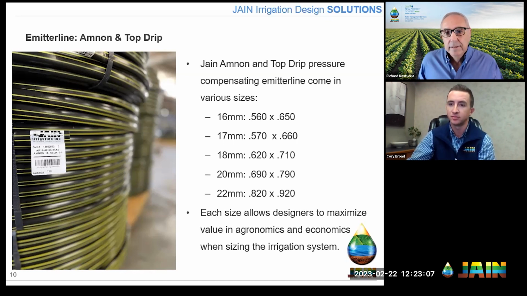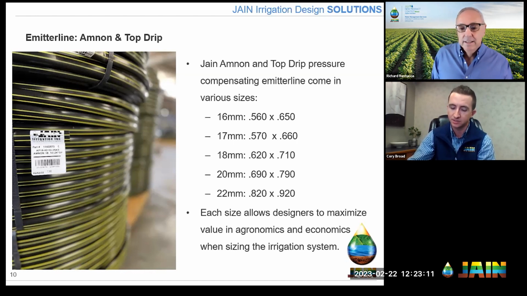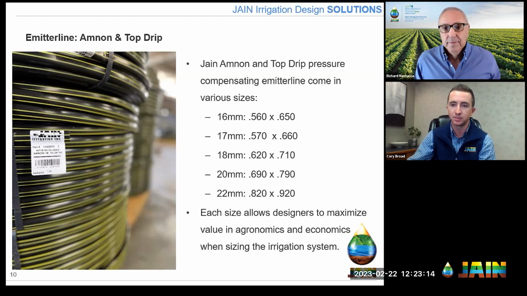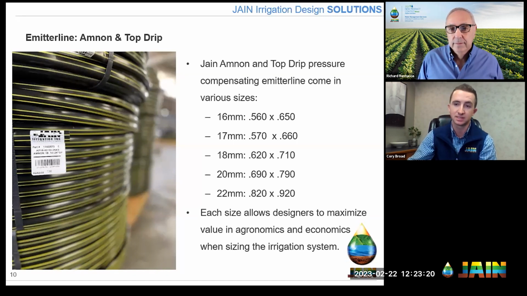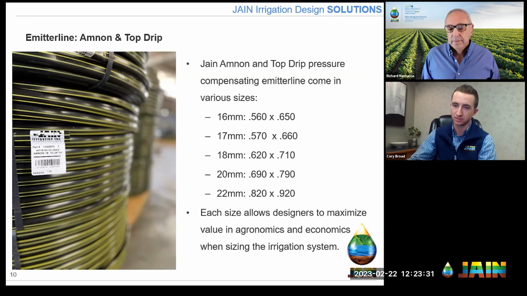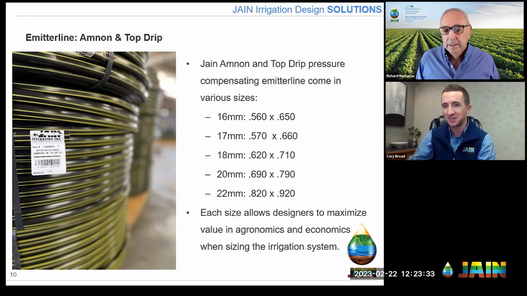We actually developed a fitting, because we sell fittings into the market and are one of the leaders in that space, a coupler specially designed for that size hose. Very few other people can say that they have that specific size, but also the fittings to go along with it. I think that's an important differentiator, that we have all of these options and we have all the fittings and accessories to fit those options. Because I could come up with a really good idea, but if I have no way to put it all together, it really won't matter.